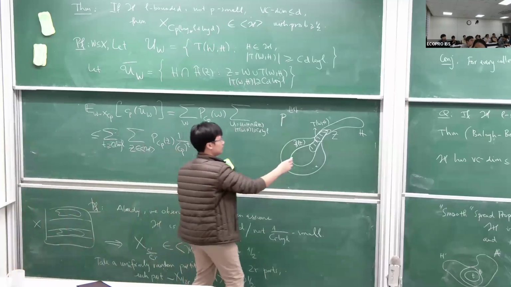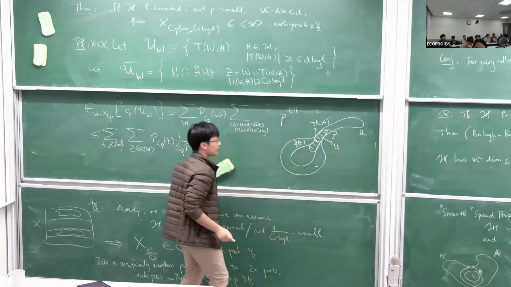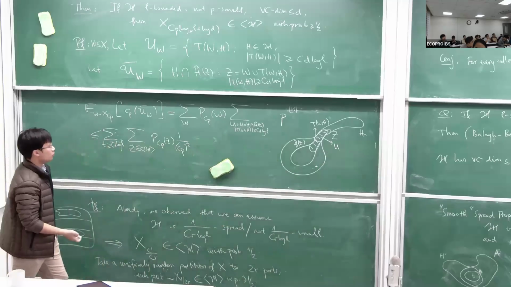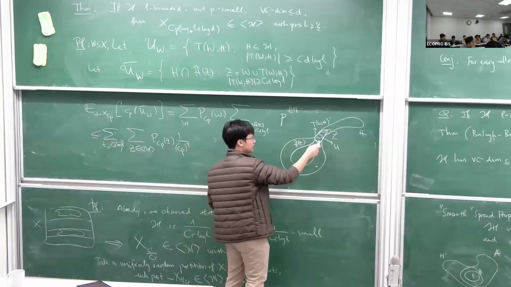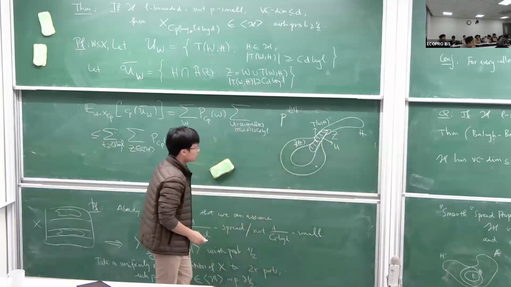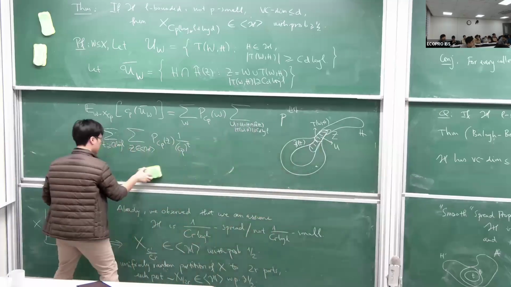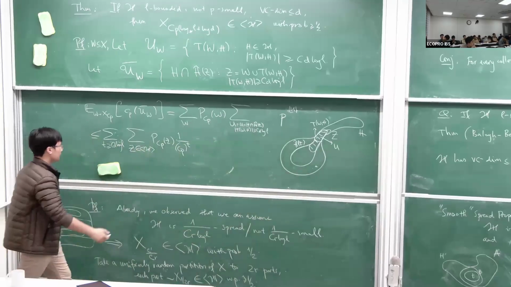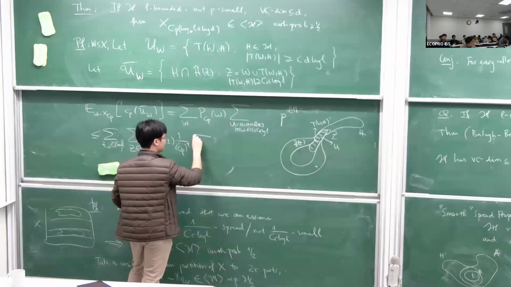Okay, so this striped set is our set U. Well, what do we know? U always contains T, right? So U will have size at least T. In other words, I can write the summation in this way.